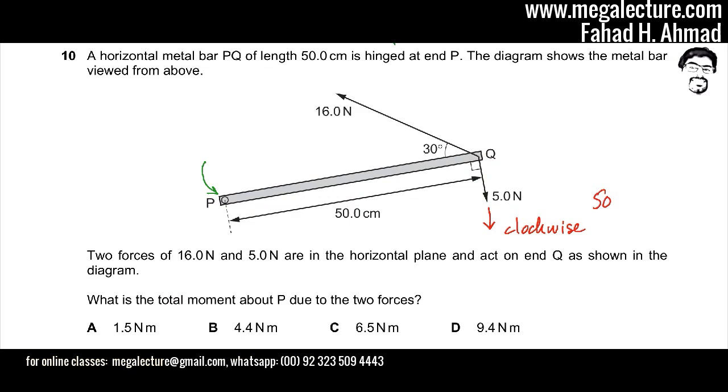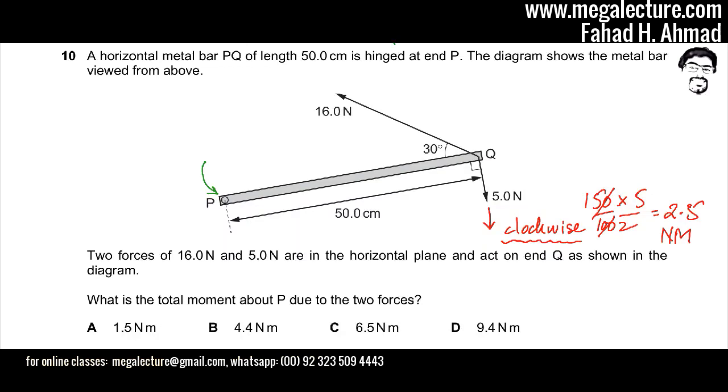So we need to convert 50 centimeters into meters. So it's going to be 50 divided by 100 into 5. So this would be 1 by 2, and your answer would be 5 divided by 2. So it's going to come out to be equal to 2.5 Newton meters. But remember, this is clockwise.